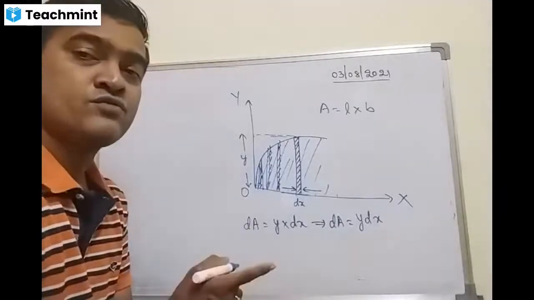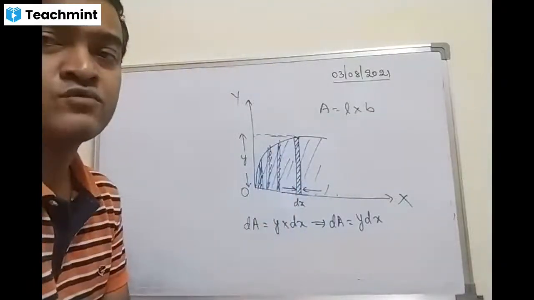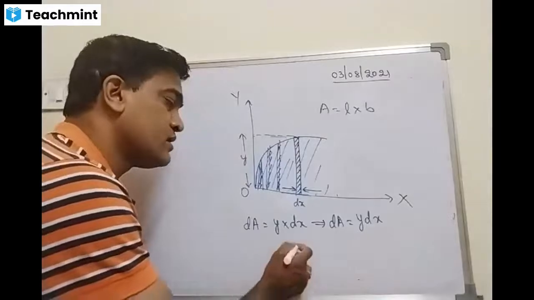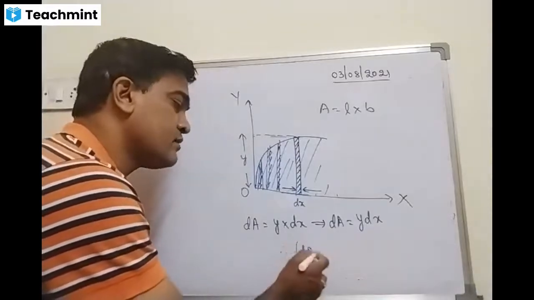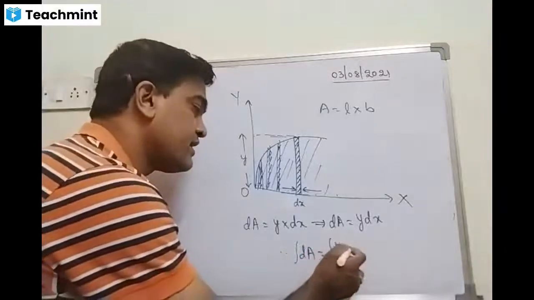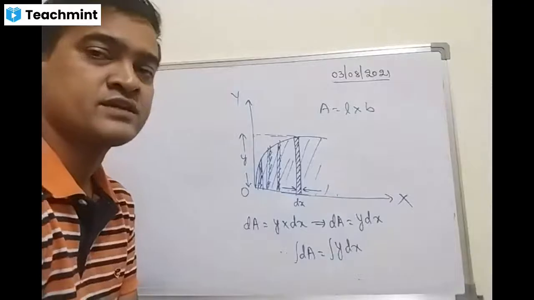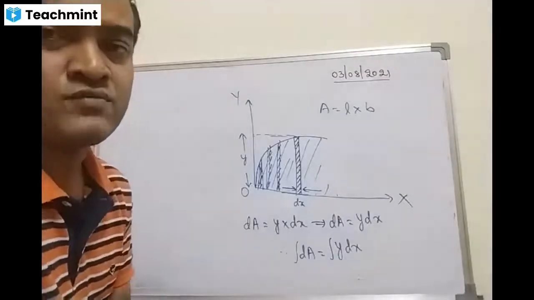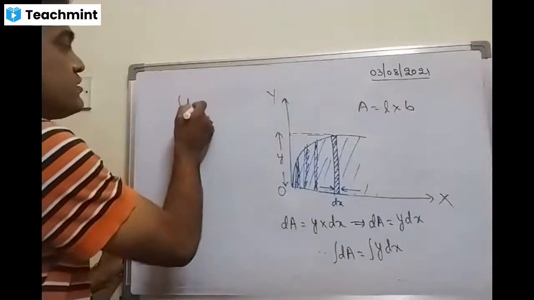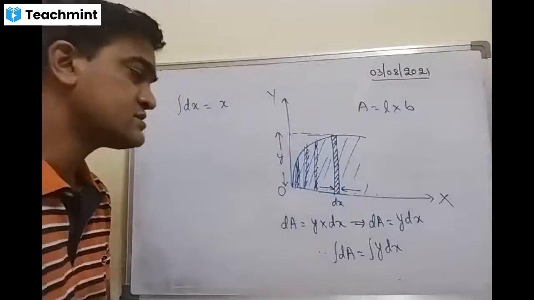Now, if I want to find the area of this entire curve, then I have to put the integration symbol on both sides. Therefore, integral of dA is equal to integral of y dx. That is the reason we discussed integration in the bridge course. Now, what is the formula for integral of dx? Integral of dx is equal to x.